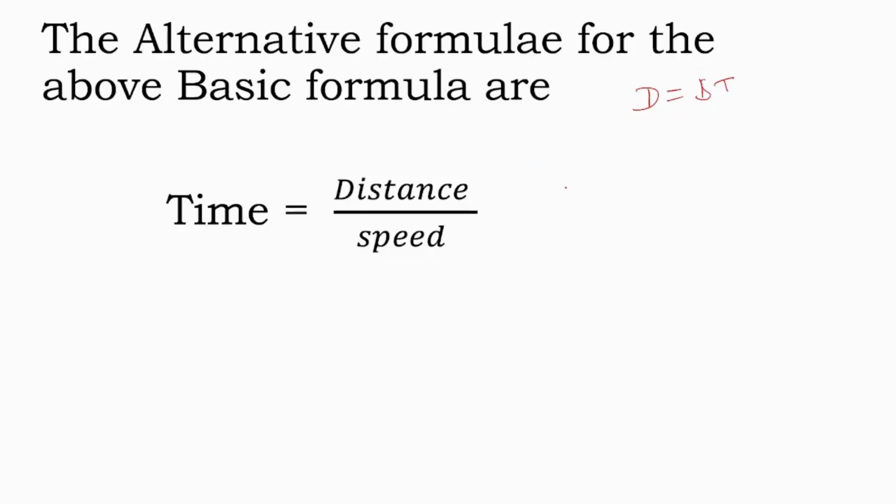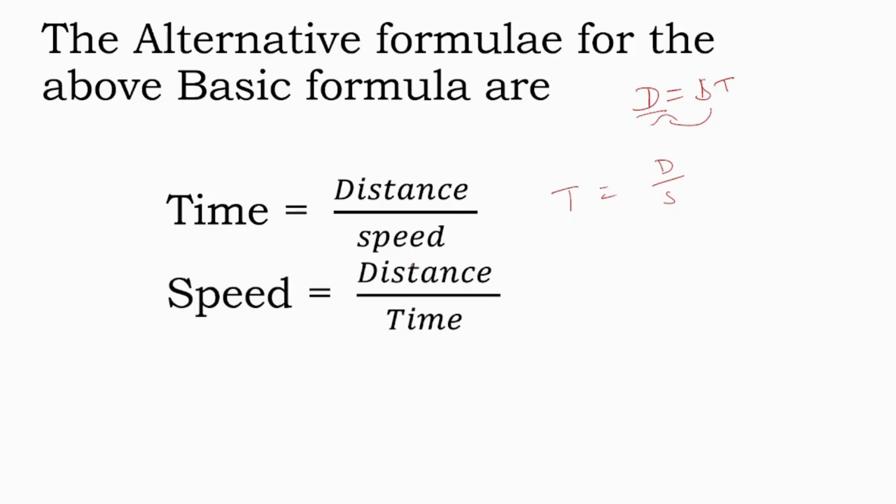Time T equals distance by speed, so you can observe that S comes here and T equals D by S. Similarly, to find the speed, the other factor, we have to divide the distance by time. These three are the formulae mainly used in the time and distance topic.